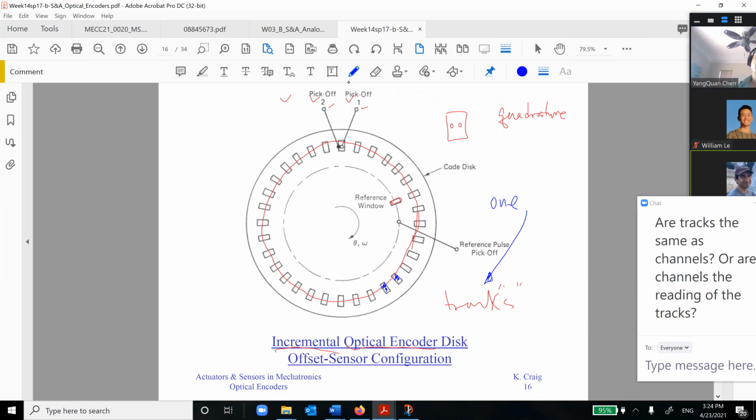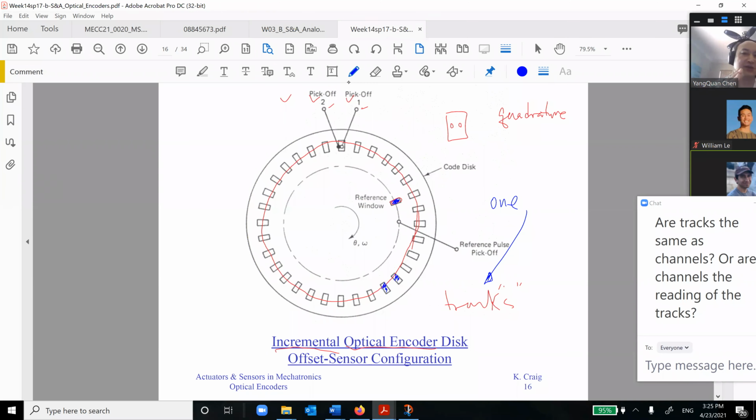Therefore, it's difficult to tell absolutely where you really are. However, if I put an index, like a reference window, I put something here, then it will be able to tell how many pulses since that pulse.